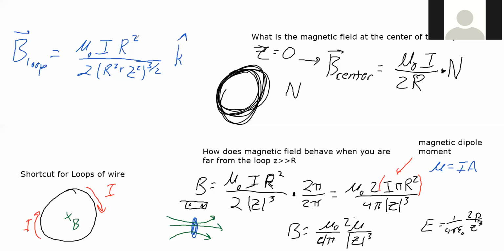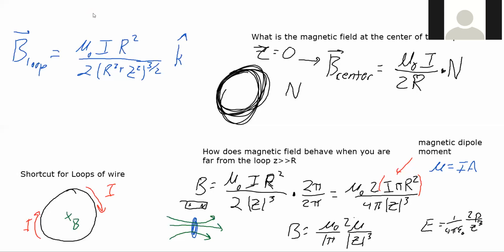We get a magnetic dipole, different symbols obviously, different variables, different constants. This one has mu0, and obviously we have epsilon 0 here. You have mu for your magnetic dipole moment, p for your electric dipole moment, but you have really similar forms.